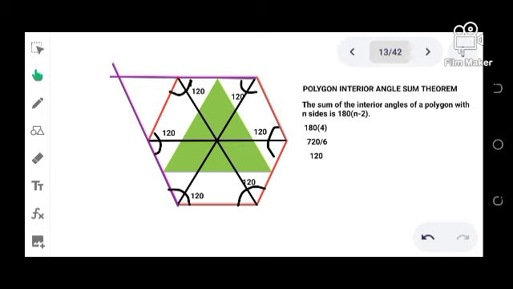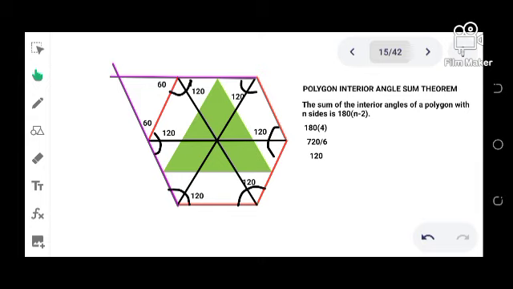Now, this time, let's take a look at this part here, because we are trying to establish the type of triangle that we have using the angles. As you can see, this angle of the triangle forms a straight line with this one, and a straight line measures 180. Since you already have 120, this is 60 here. And it's the same with this one, so this is also 60.